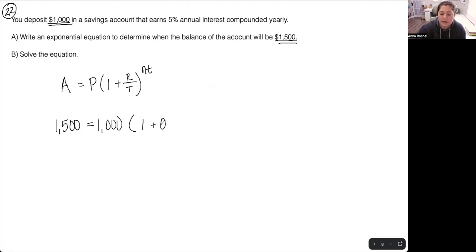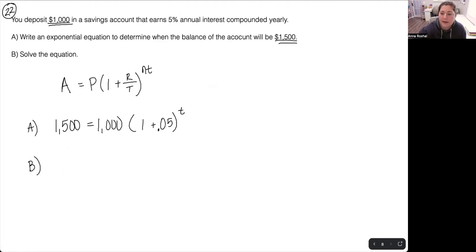So we can say 1 plus 0.05 to the t power, right? And we want to make sure that we get this in exponential form. And this n shows me how often it's compounded as well. Okay, so this is answer A. Answer B would be when we actually go in and solve it.